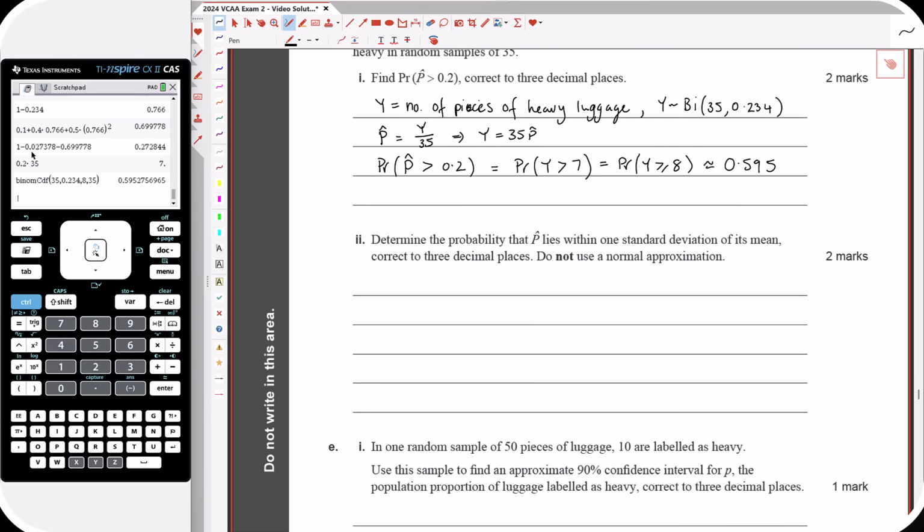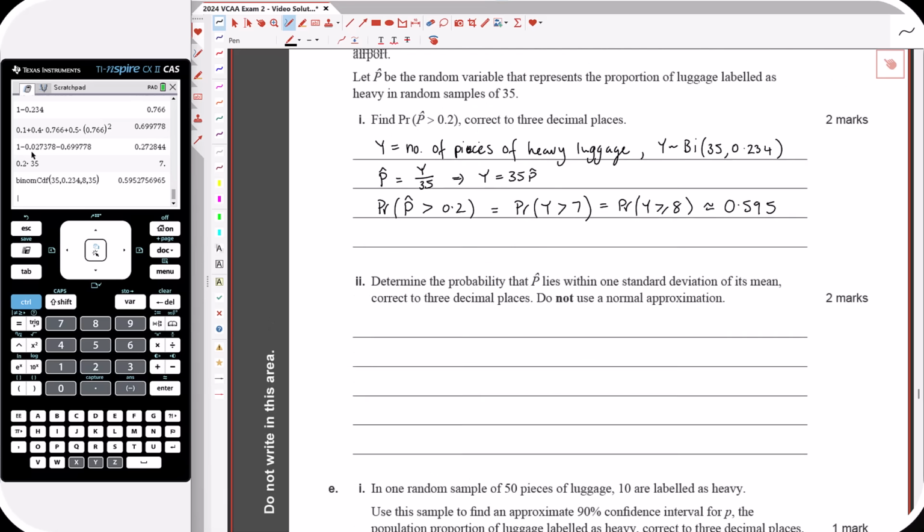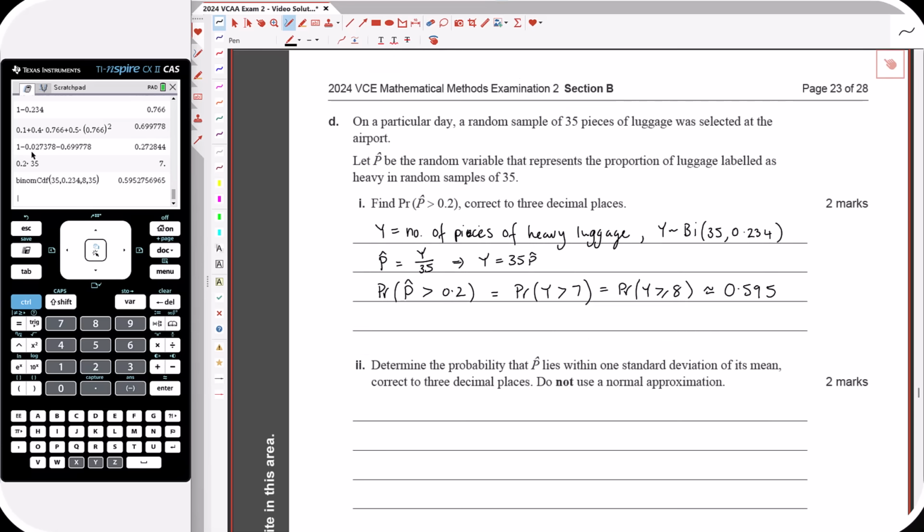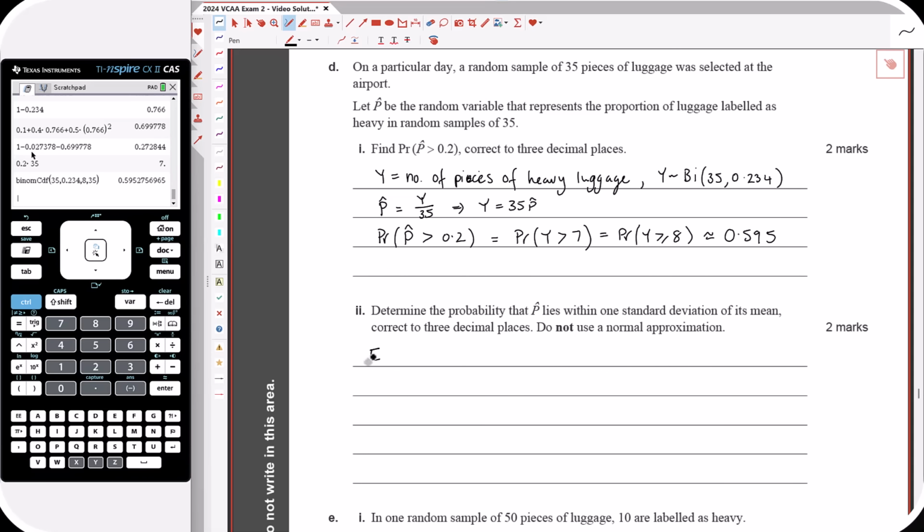Determine the probability that P hat lies within 1 standard deviation of its mean, correct to 3 decimal places. Do not use a normal approximation. Okay, so we can work out the mean of P hat, which is just P, which is in this case 0.234. We can work out the standard deviation of P hat, which is the square root of P times 1 minus P over N. These formulas are on your formula sheet.